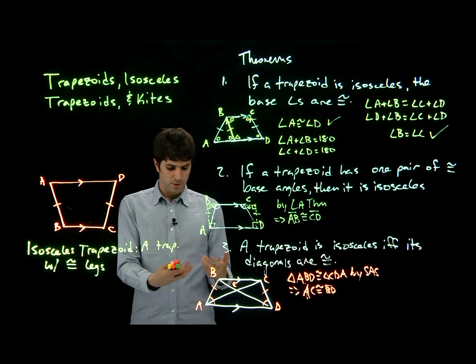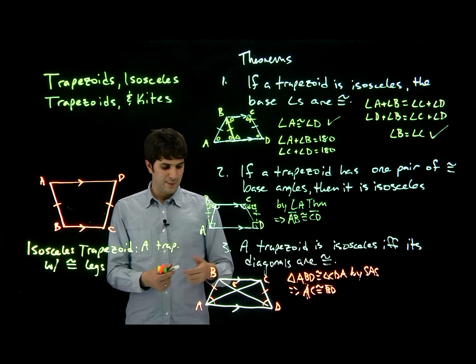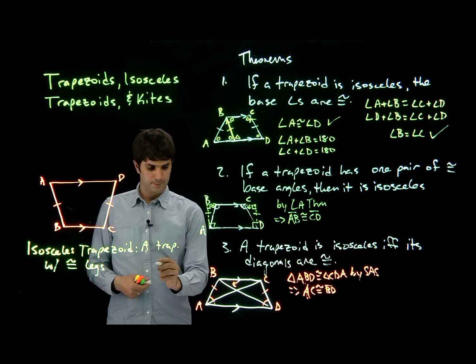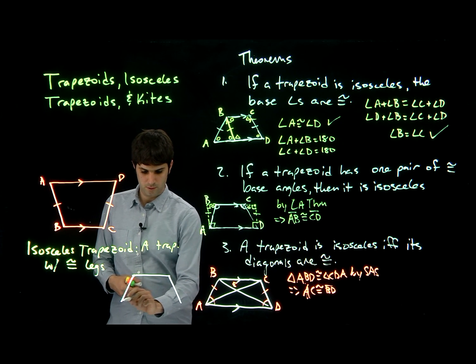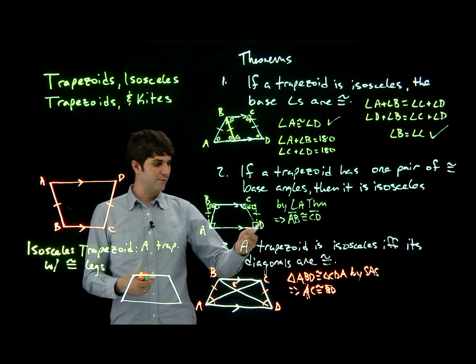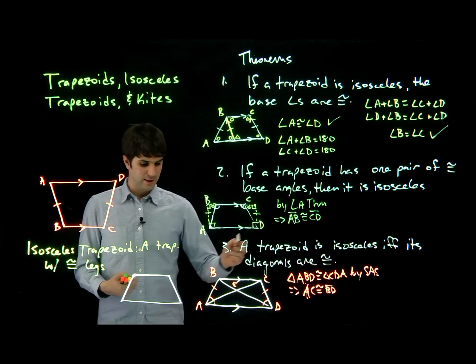So we have to set up a different picture, but basically you're going to use the same logic. So let me just draw this quickly. The opposite of this, or the converse, would be if the diagonals of a trapezoid are congruent, then it's isosceles. So let me draw that.